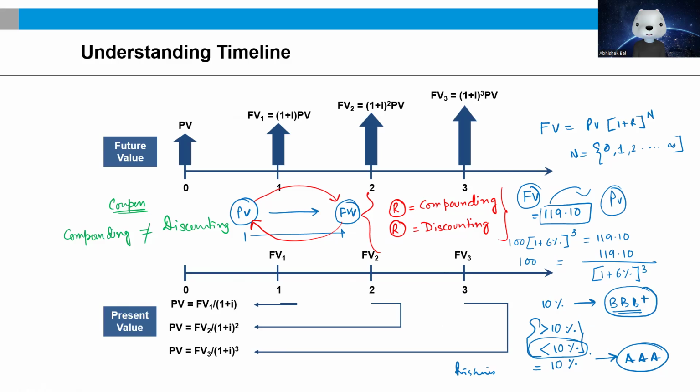Which means that people would not only be putting their money in this particular security, which is bearing a 10% coupon, but it is also being perceived to be safer than the bank. In that case, of course, the discounting rate would also be proportionately less than the compounding rate.